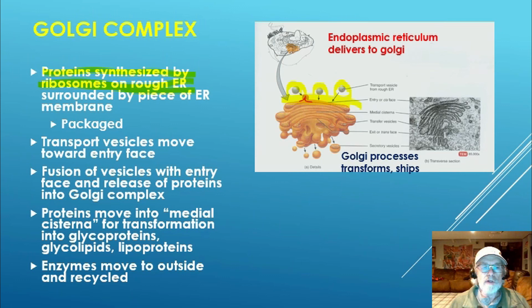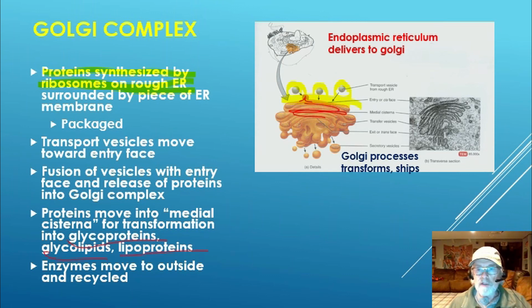So they fuse, and the vessels of the entry face release the proteins into the Golgi complex. The proteins then work down this whole tubule through those cisternae. Depending upon what they're being packaged with, they may be combined with other materials to make things like glycoproteins, glycolipids, lipoproteins, and so on.